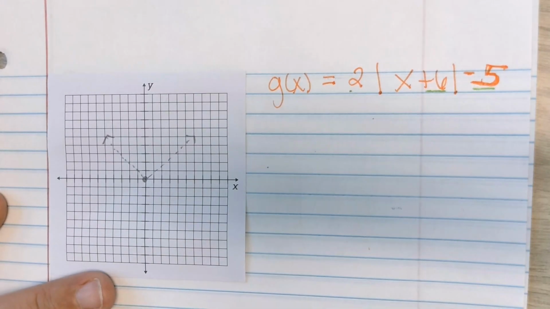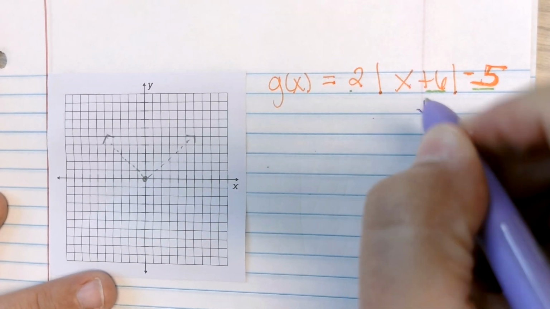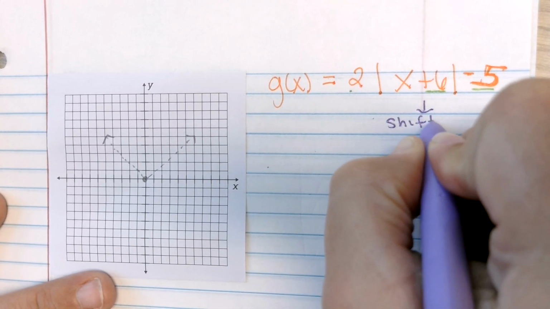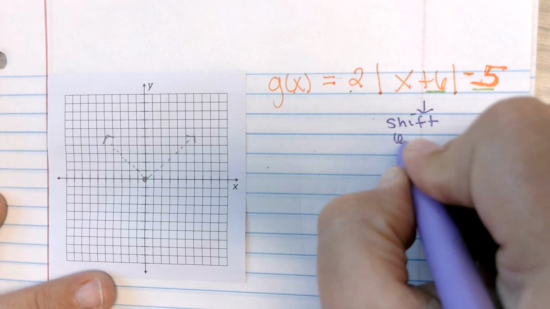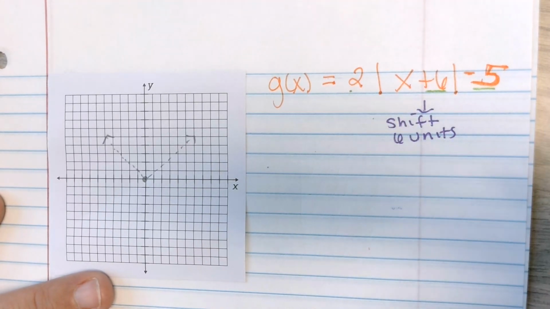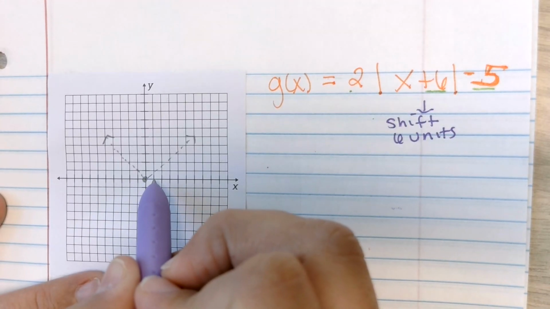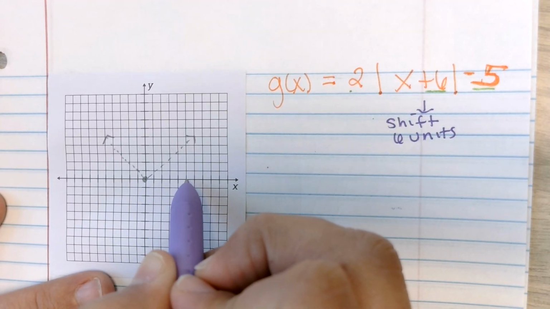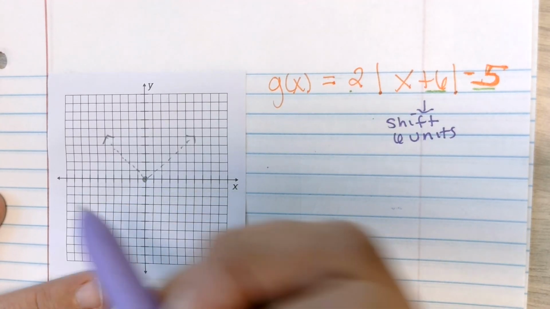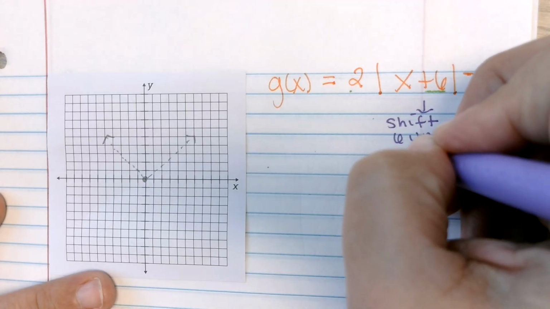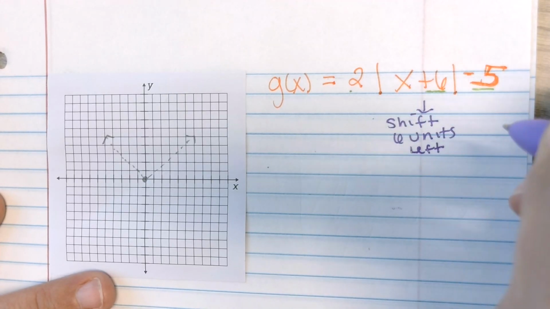So this is a shift, 6 units. And then what direction is that going to be? Well, it's positive. So instead of going positive, remember your x is a liar, we're going to go negative. 6 units left. Okay.